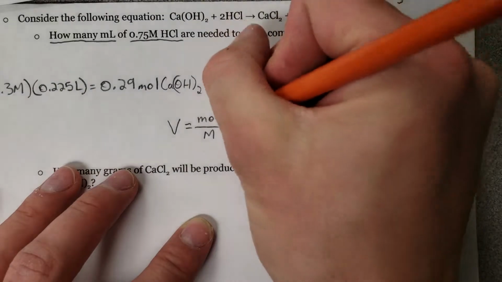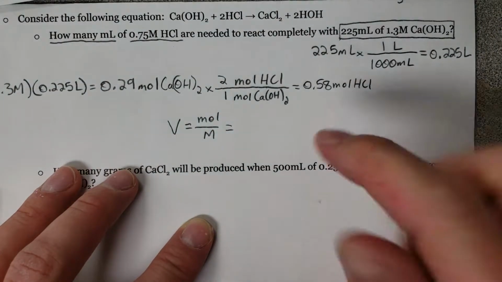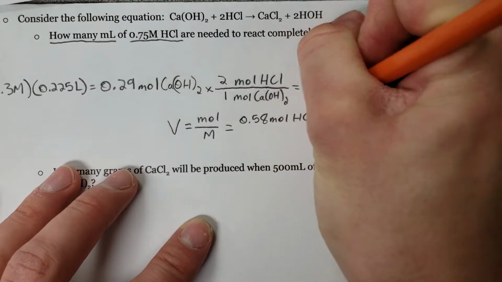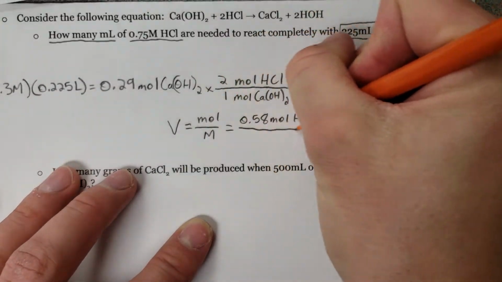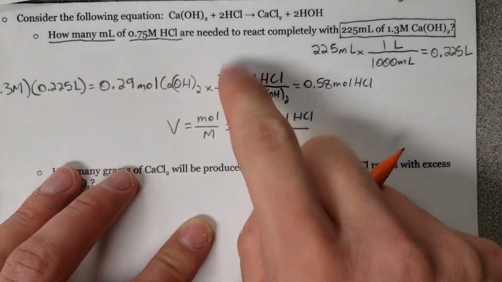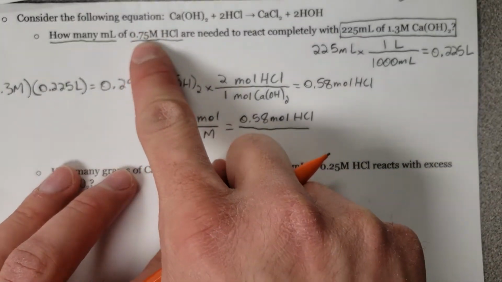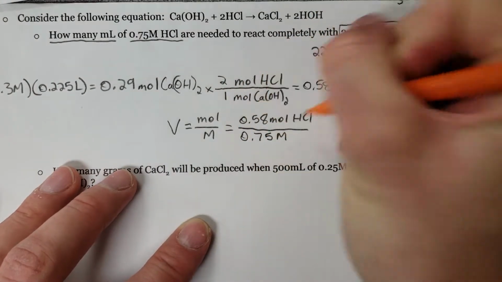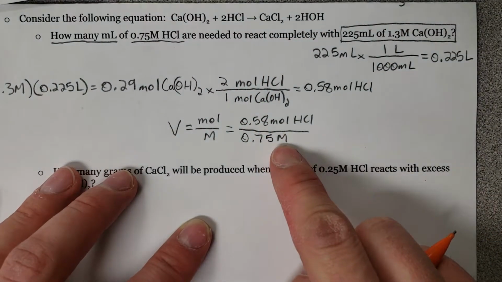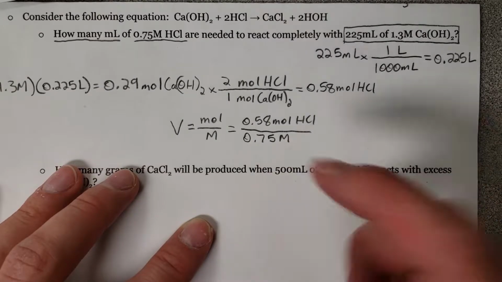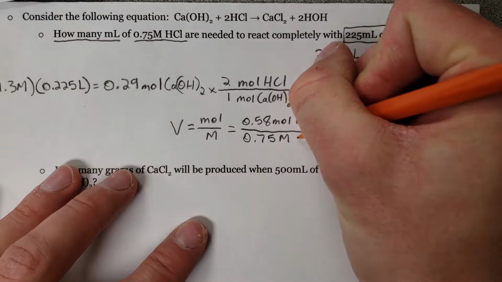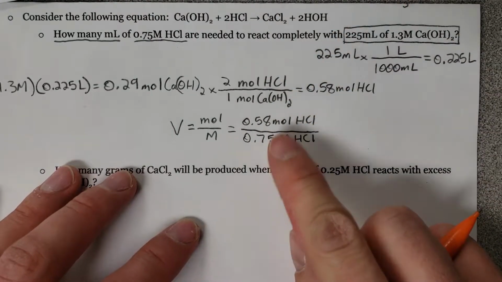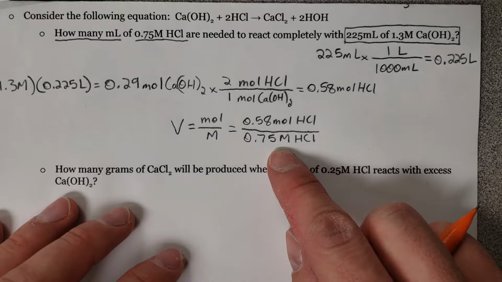So we take our amount in moles, 0.58 moles of HCl, and divide it by the molarity, which was 0.75 molar. That's what the big M means, molar. We need to be careful not to make this a little m, because little m is something else in chemistry that we'll talk about second semester. We also don't want to confuse it with moles.